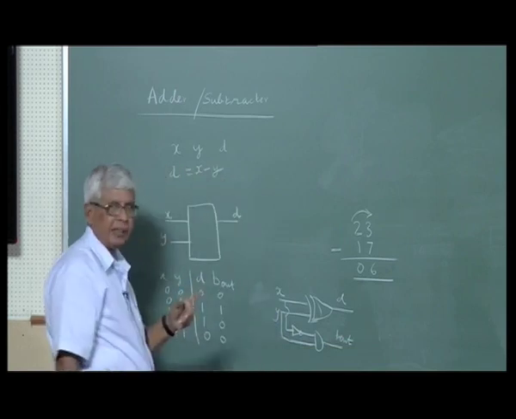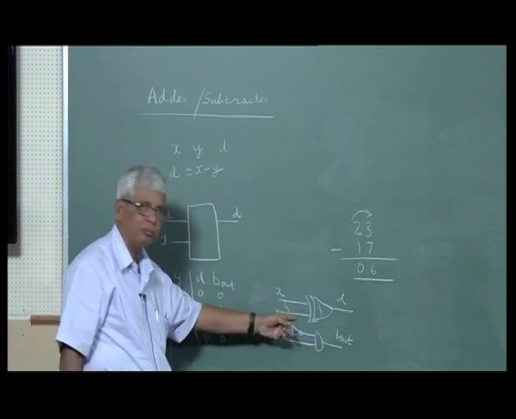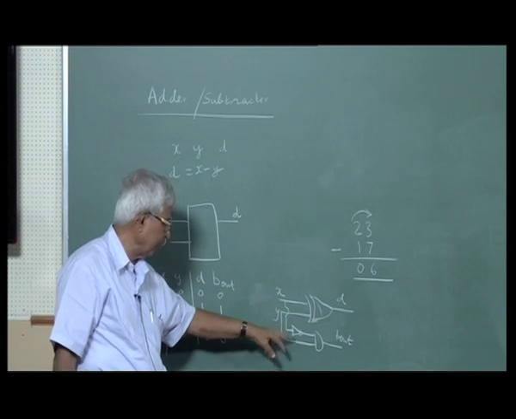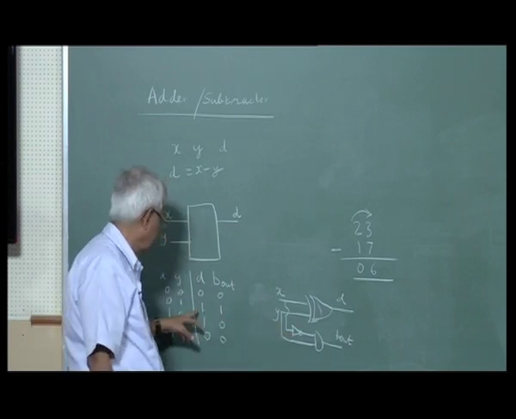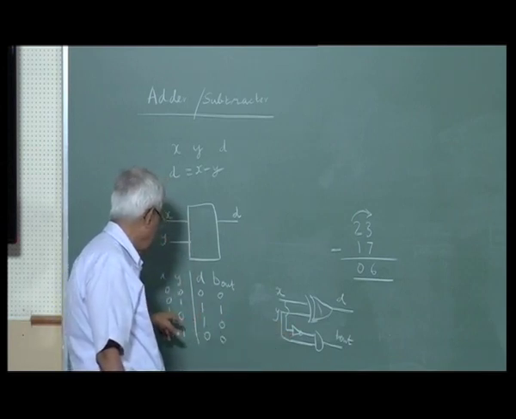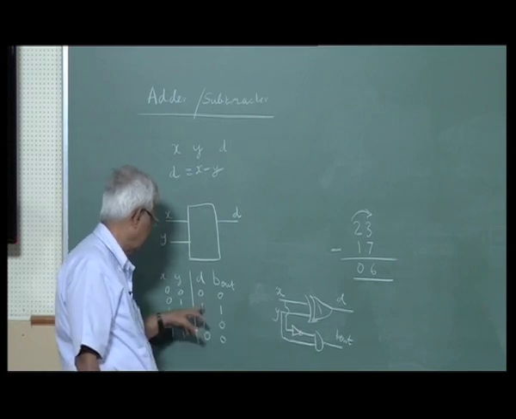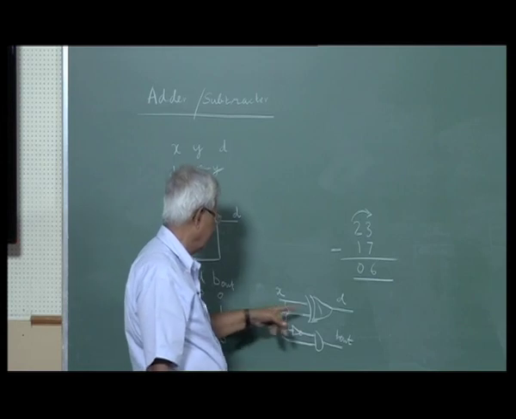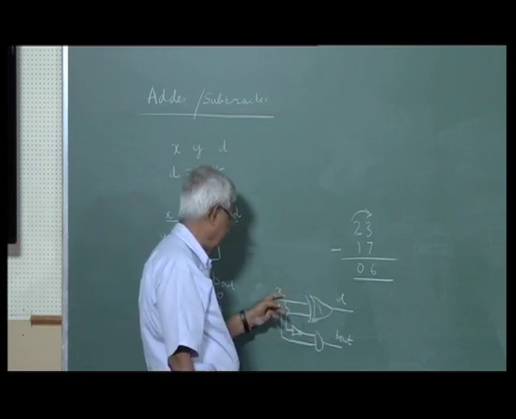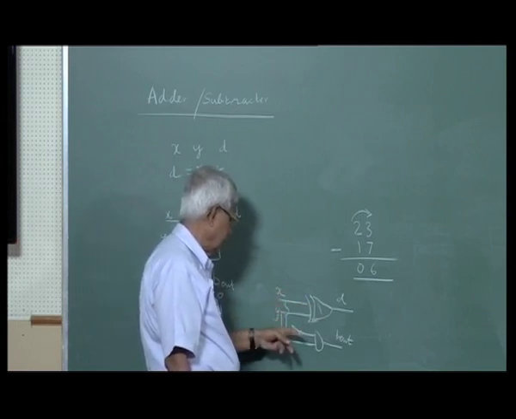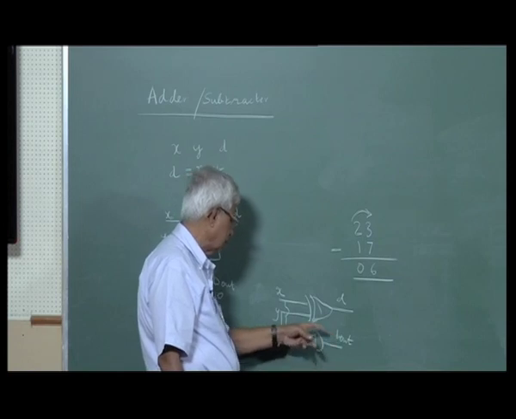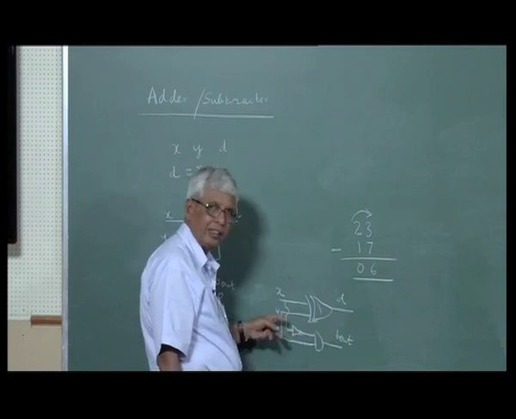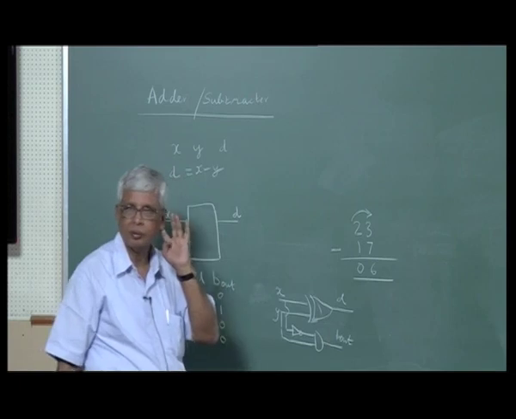So difference is x exclusive or y. Borrow out is x bar and y. In the adder we had sum as x exclusive or y. Carry was x and y. Here it is x bar and y. That is the only difference.